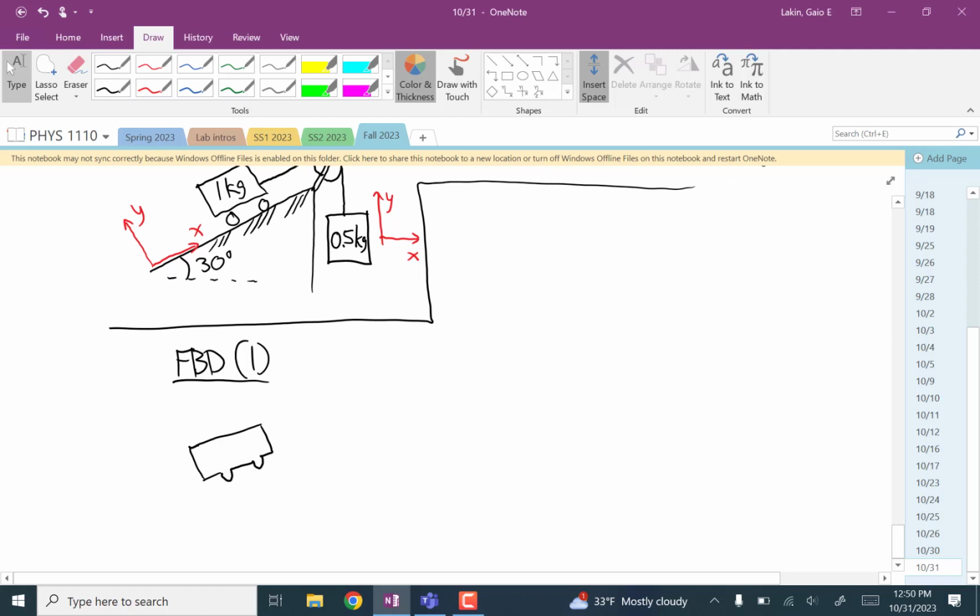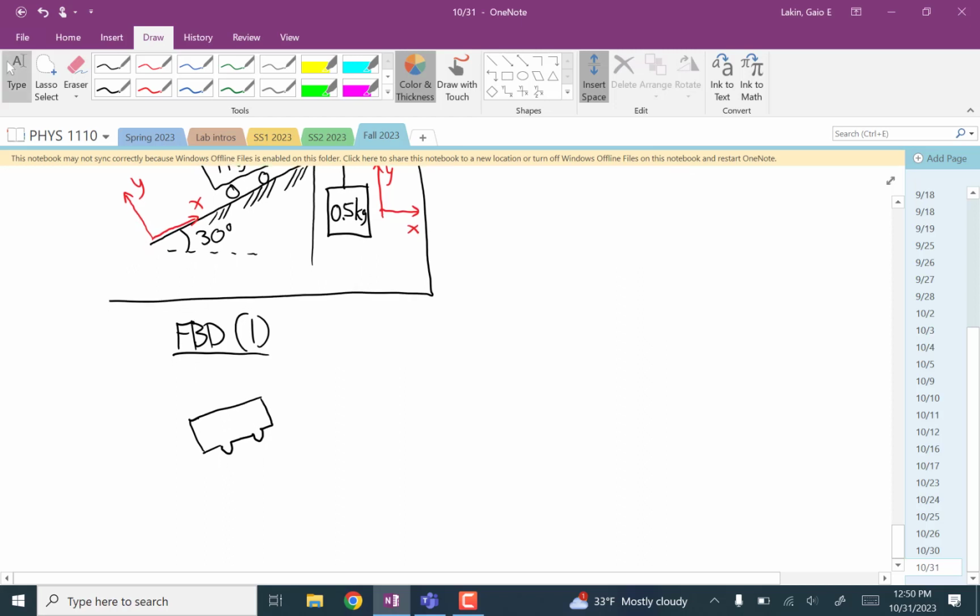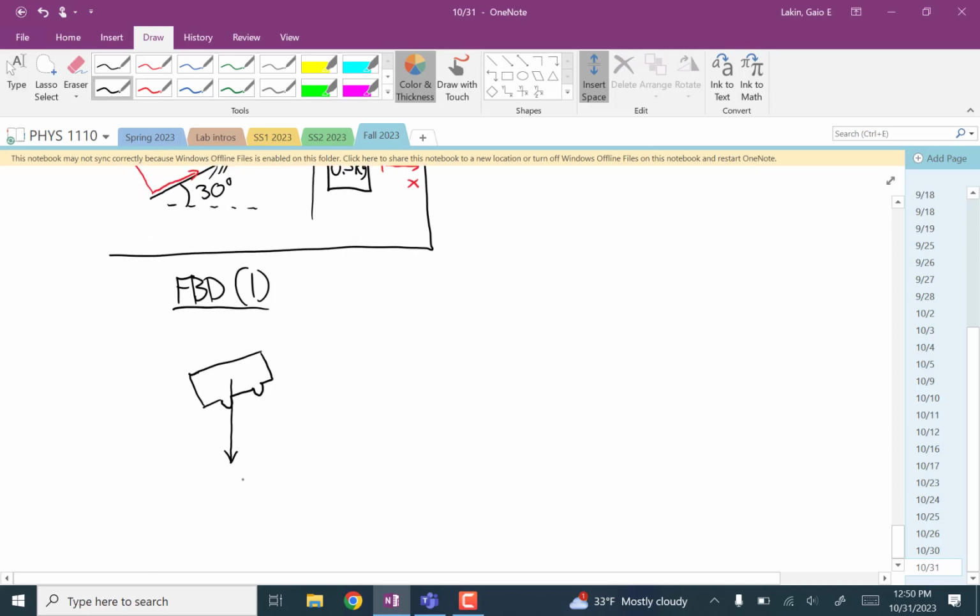Okay, well, we'll fix that in a second. So there's a weight force that's 1 times 9.81, a normal force, and then a pulling force from the cable.